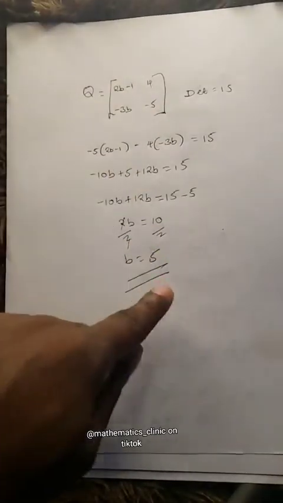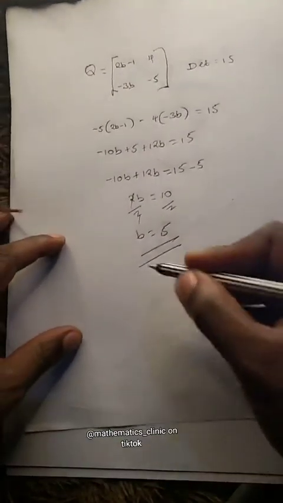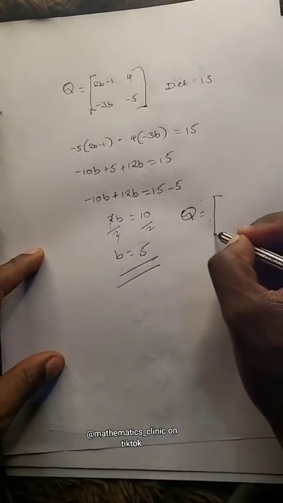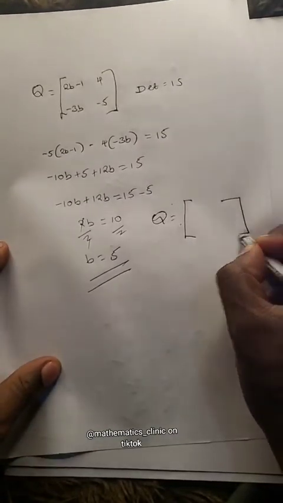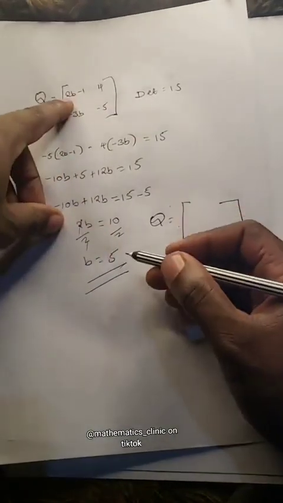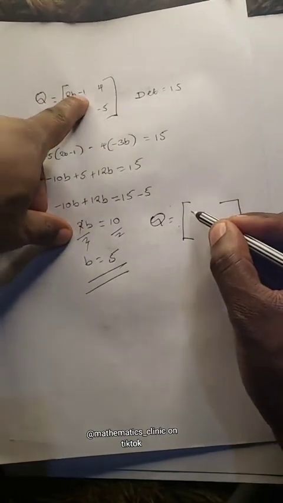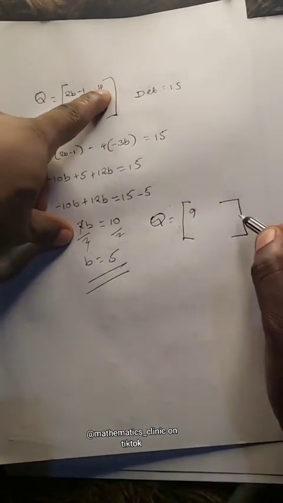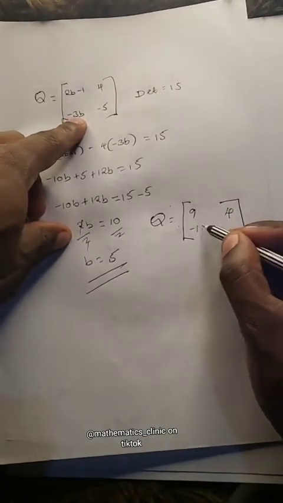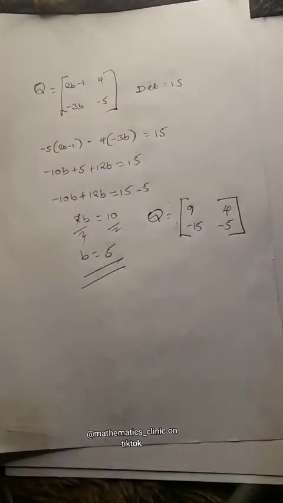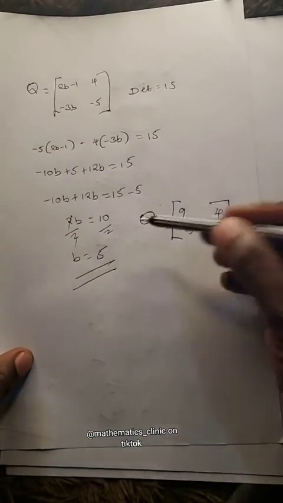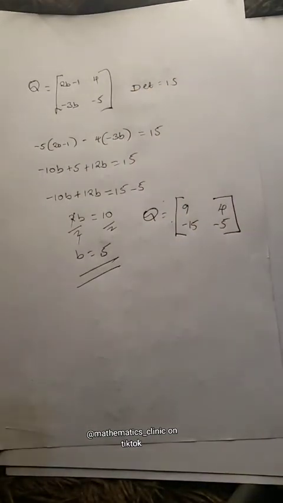So now Q is going to be 2 times 5, because where there is b, we are putting 5. 2 times 5 is 10, so 10 minus 1 is 9. Then we have a 4 right there. Then negative 3 times 5 is negative 15. Then we have negative 5. So the normal matrix is now this, after we substitute b with 5.